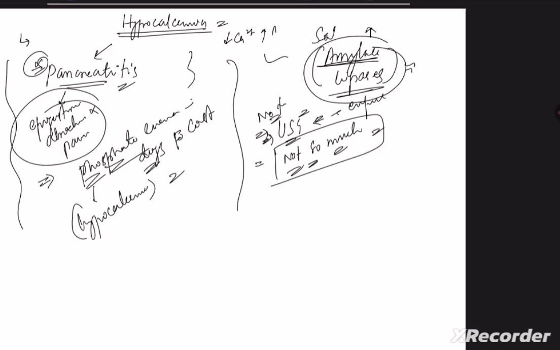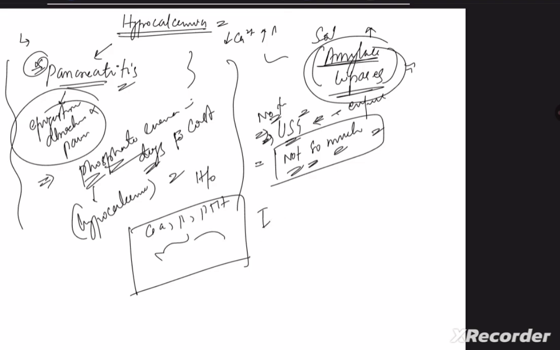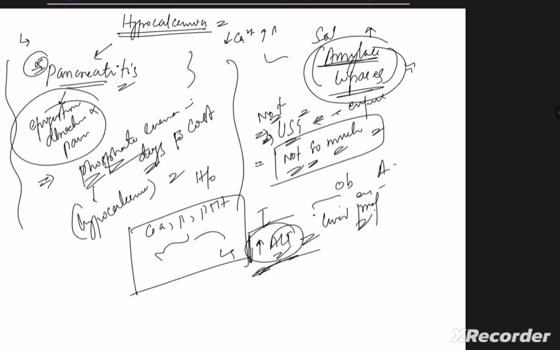So in short, get the history, serum calcium, phosphate and PTH, and accordingly go for diagnosis as I told you. Also get a liver enzyme profile, as in some cases you will see increased ALT.